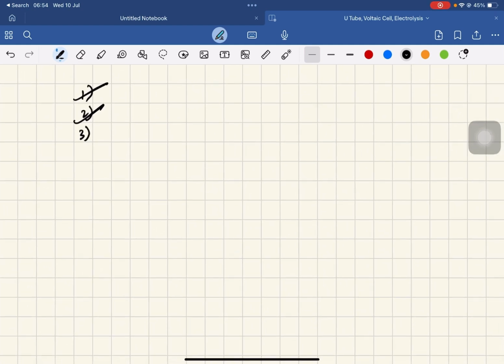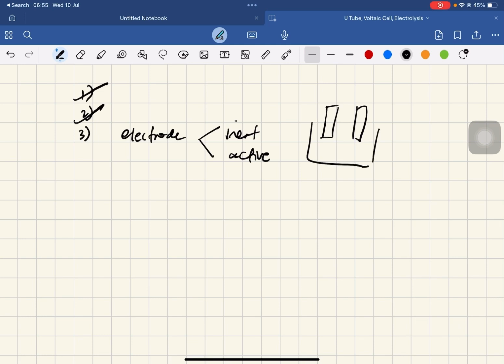Okay, so how do we know? Okay, so electrode ni ada dua lah, inert and active. So before this we've been using inert punya, okay, because kalau you tengok kan, we always use carbon, right?